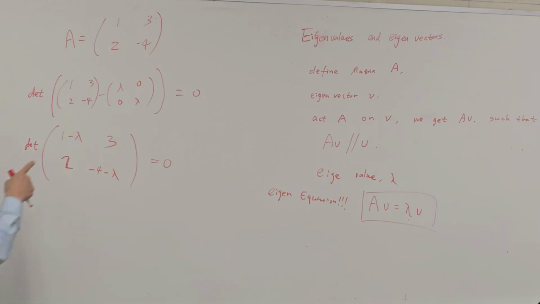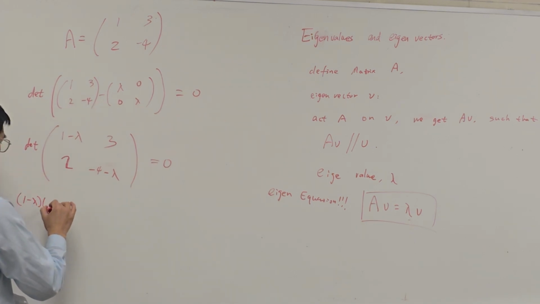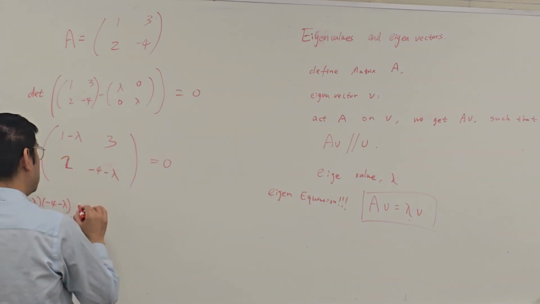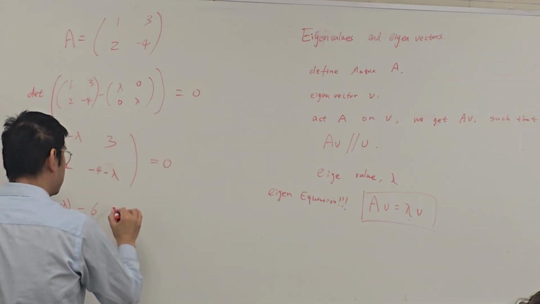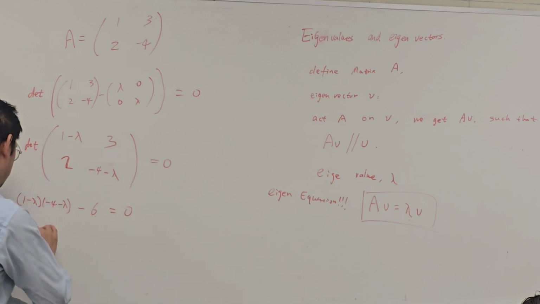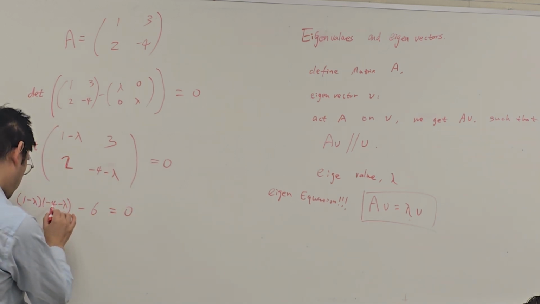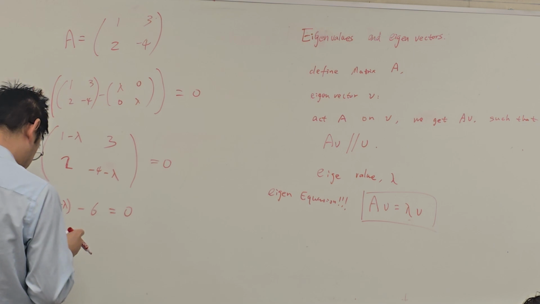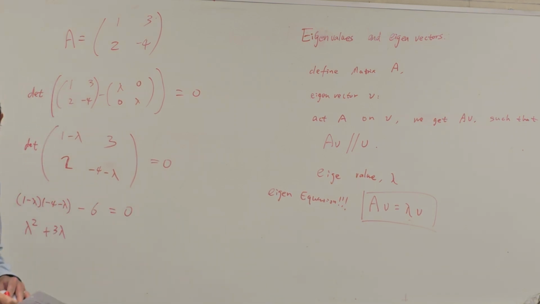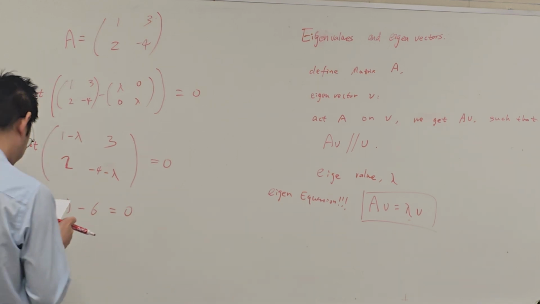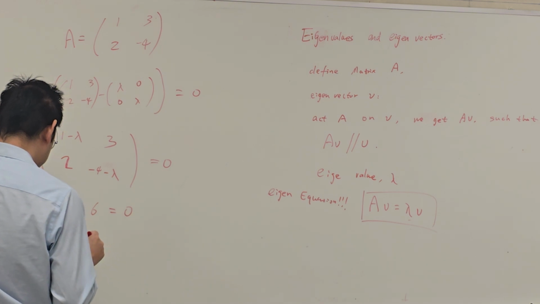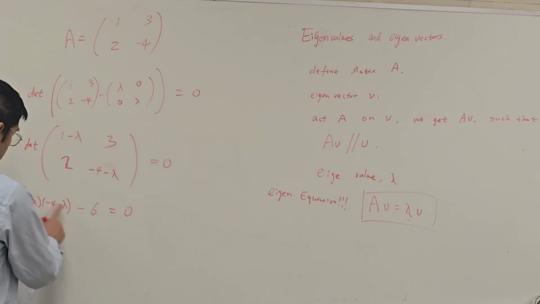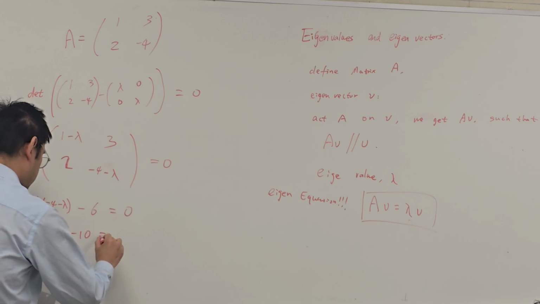And we know how to calculate the determinant of a 2 by 2, right? So it is 1 minus lambda times minus 4 minus lambda, subtract 6 equals 0. Expanding, lambda squared plus 4 minus 1, so it's plus 3 lambda, minus 4, minus 6, minus 10.